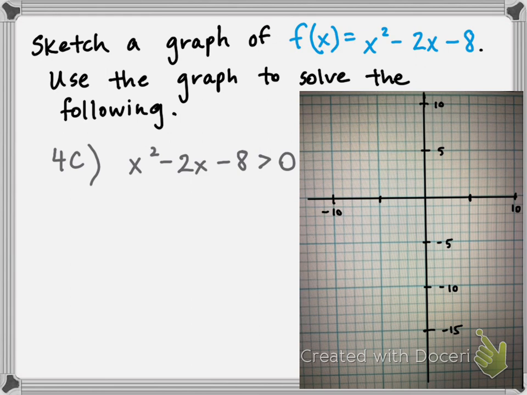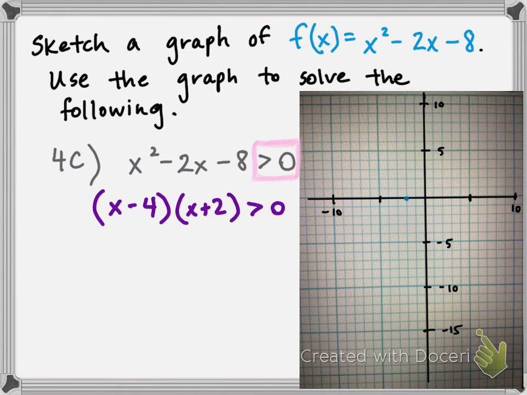Last but not least, we have this last equation. This equation states that we're asking where is the function greater than 0. So what we want to do is, again, state the factored form of it. We have x minus 4, x plus 2, and we're asking where are these greater than 0. So again, identifying those zeros is really helpful.